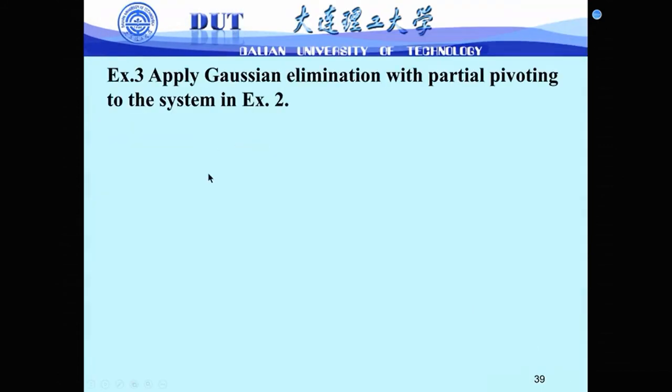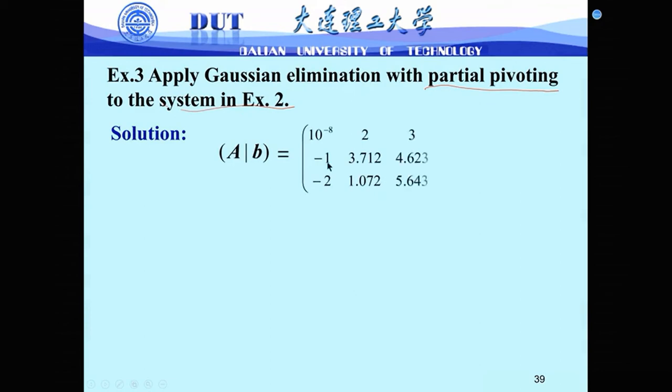Here, example 3. Now we apply Gaussian elimination with partial pivoting to the system in example 2. Let's see what happens by using partial pivoting. This is A and B, the original system, right?